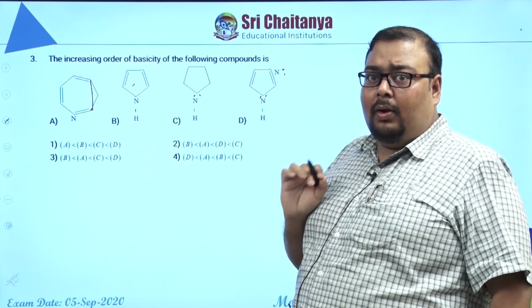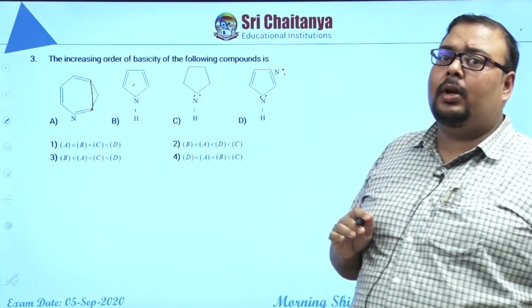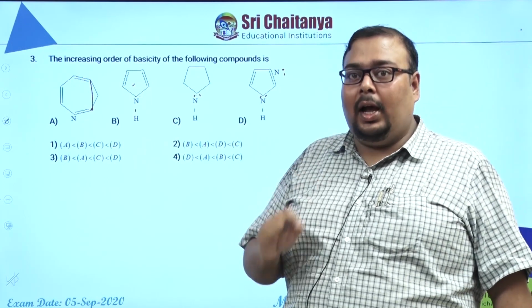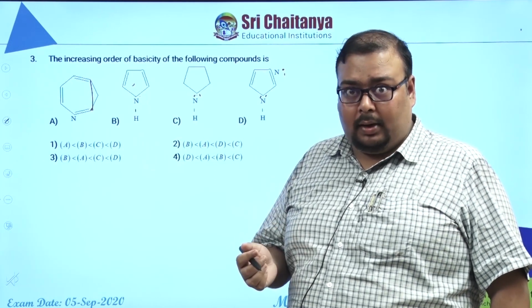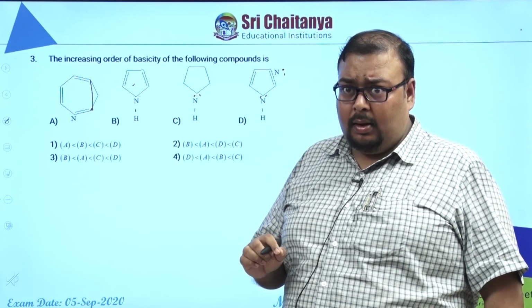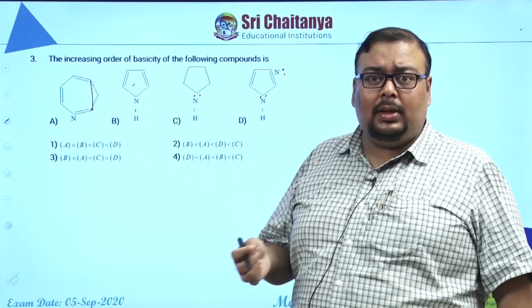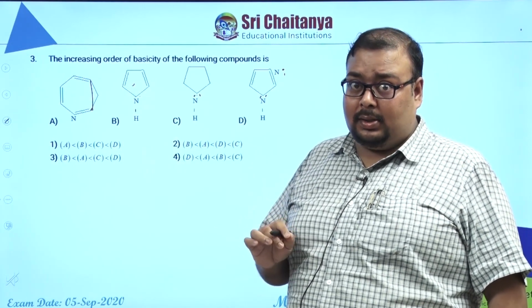Now, in basicity comparison, there are two important factors which we should keep in mind. First is availability of lone pair, and second is the stability of the cation. If the lone pair is localized, then the basicity will be more. If the lone pair is delocalized, the basicity decreases.